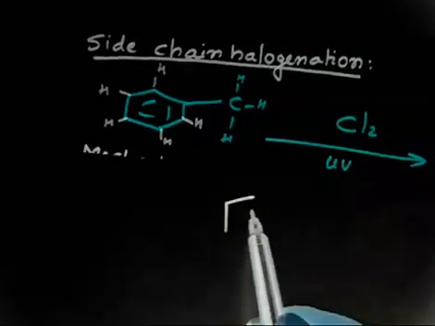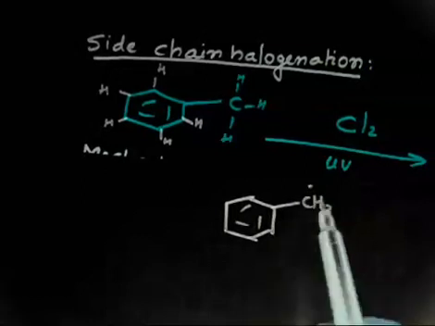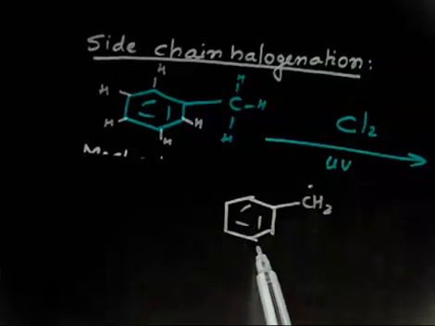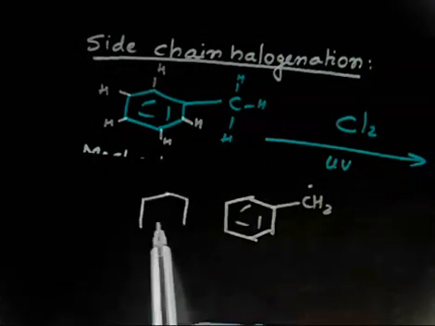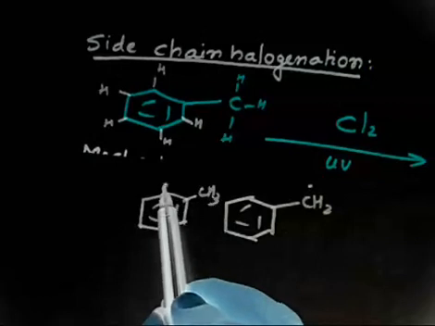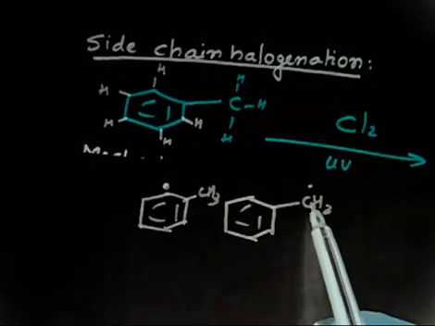If I replace this one first, I will get CH2 dot. Are you getting this radical mechanism? If I try to replace the ring hydrogen, or let us say this hydrogen of CH3, I will have CH2 dot. Now this is a benzylic radical, which is stable.